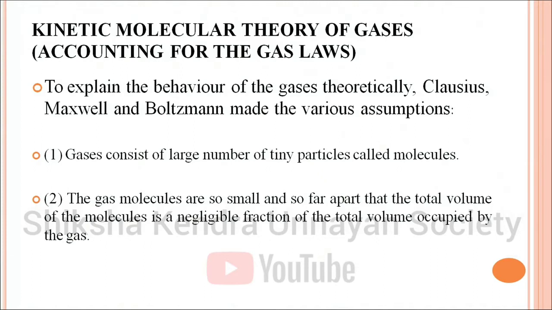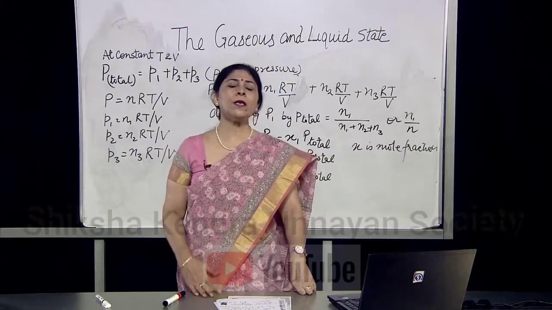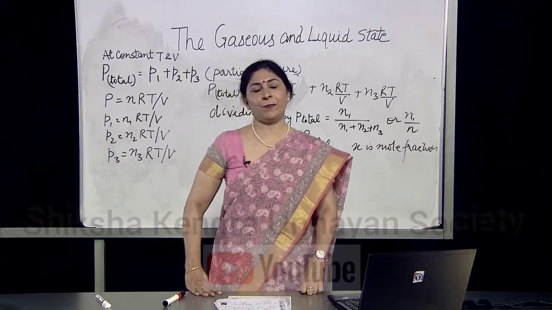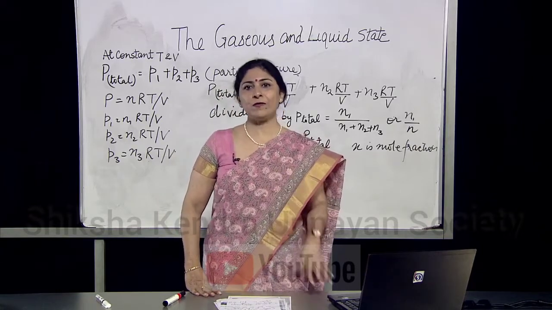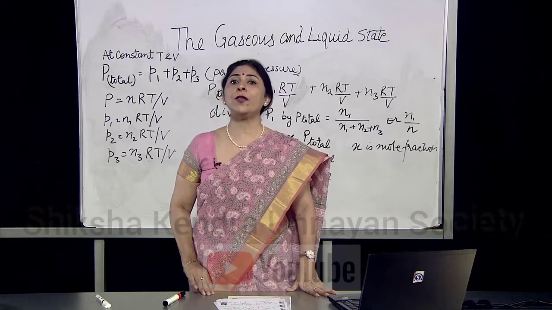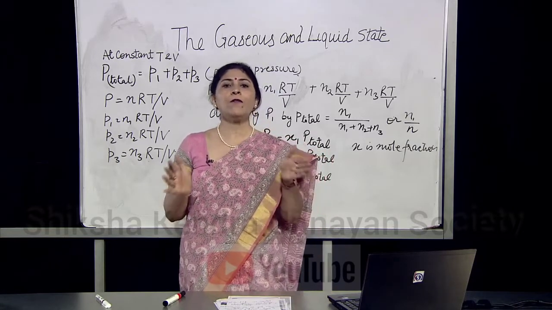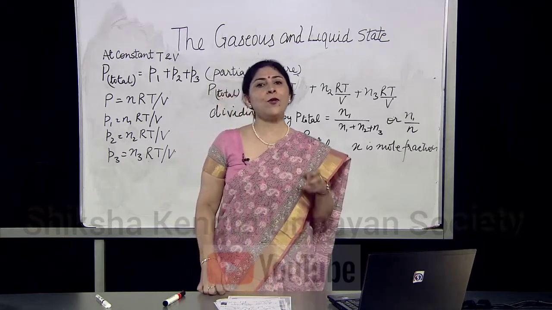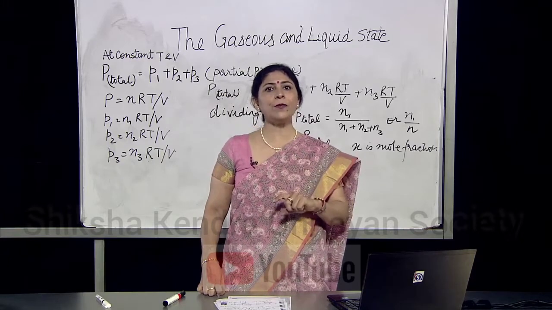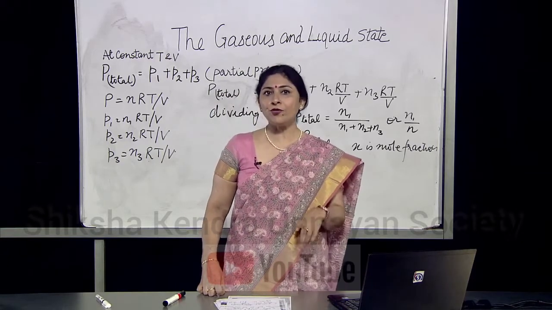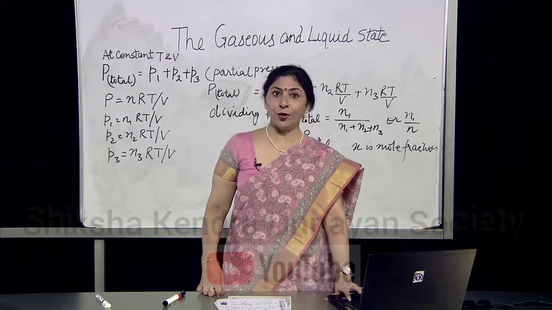Now, second is that the gas molecules are so small and so far apart that the total volume of the molecules is a negligible fraction of the total volume occupied by the gas. We can describe this by taking the example of compression. As the volume is very, very high, because of that we can compress the gas. So you can relate the compressibility with the second postulate of kinetic theory.